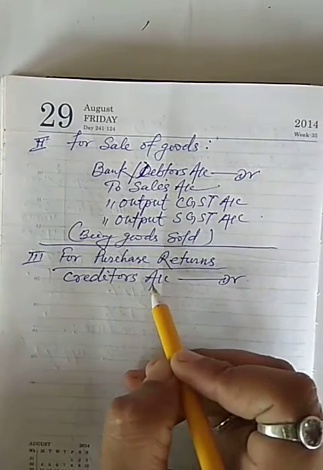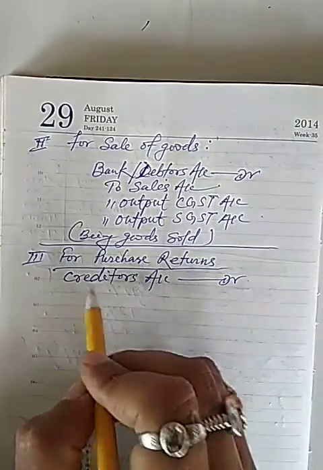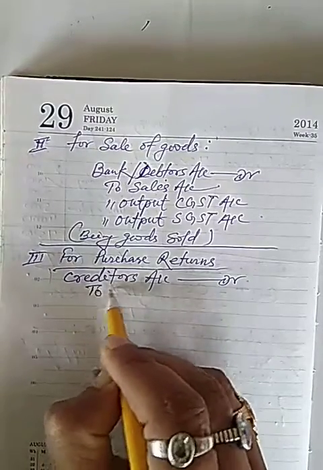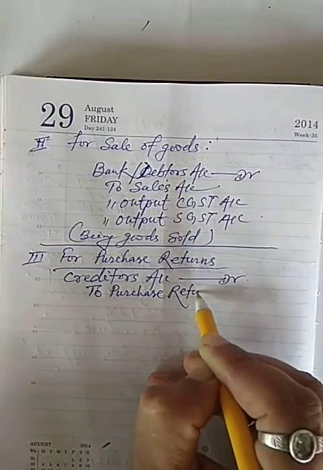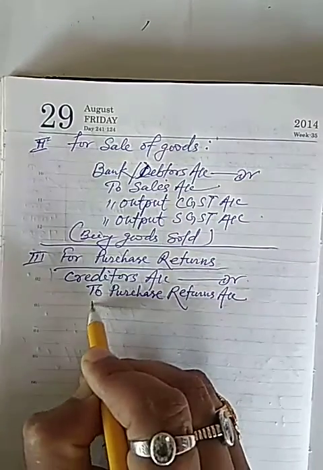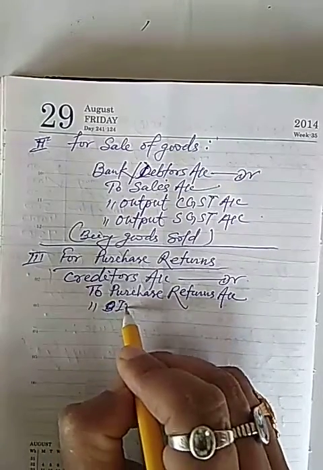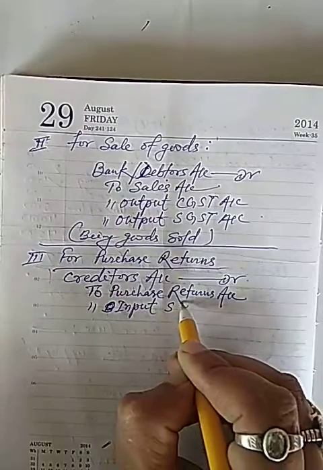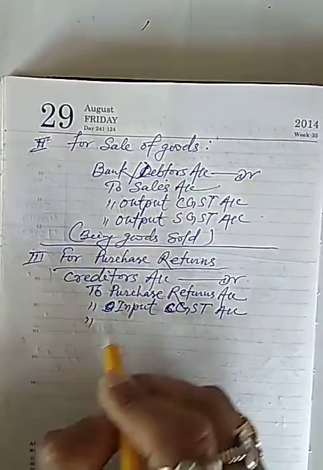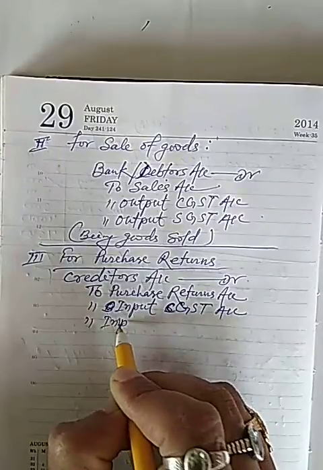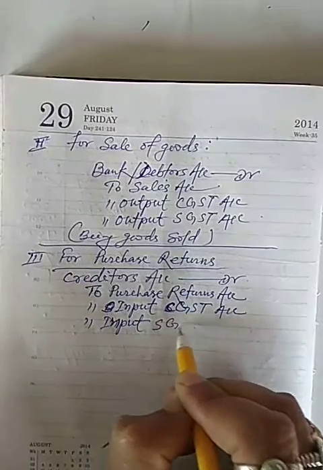So in case of return of goods, we should debit the creditor's account, to purchase return account, to input CGST account, to input SGST account.